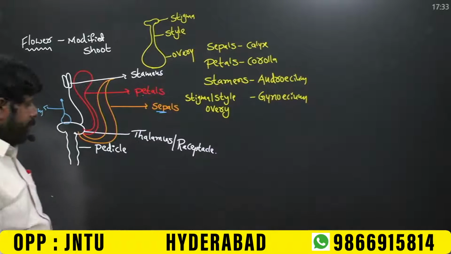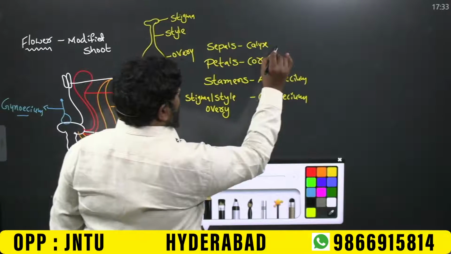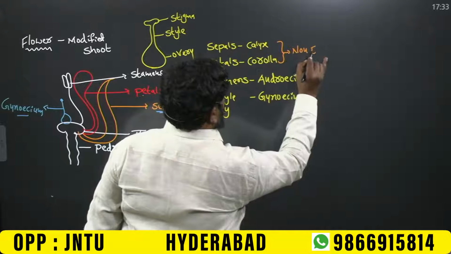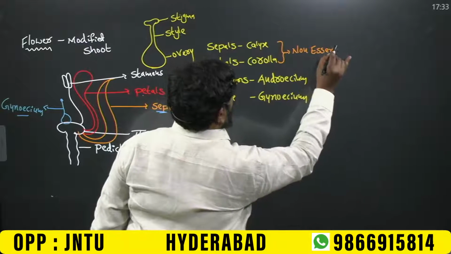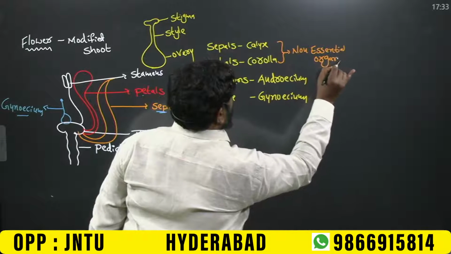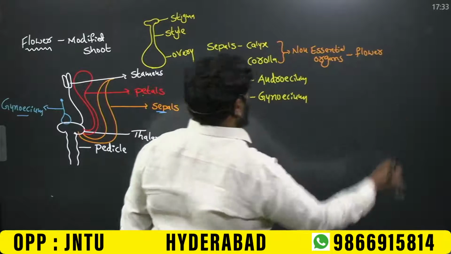And see, listen, the calyx and corolla are considered non-essential organs of the angiospermic flower.